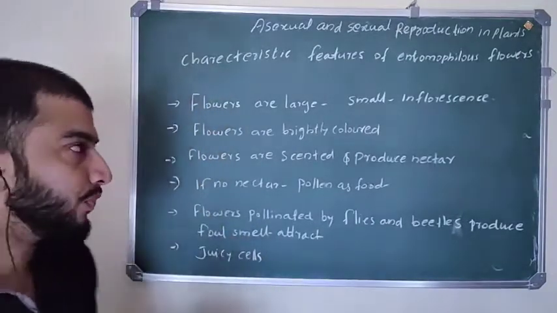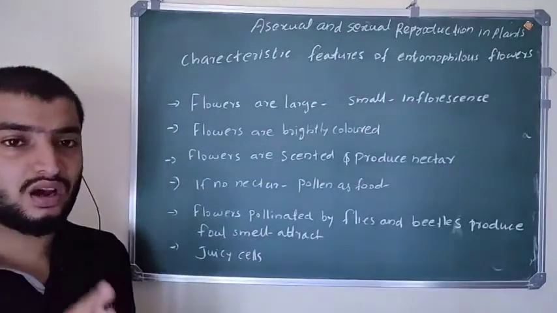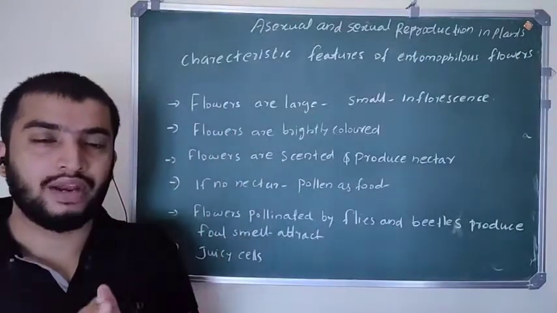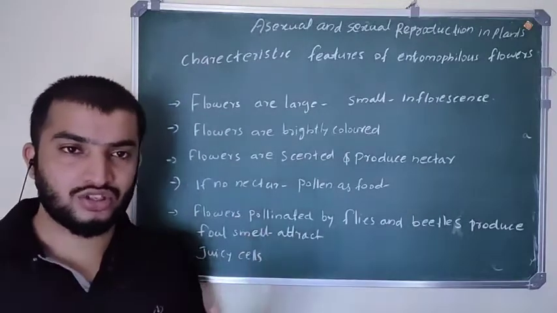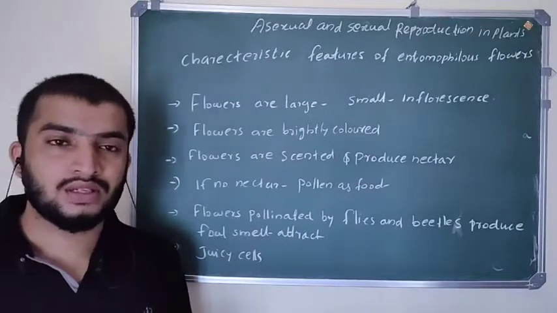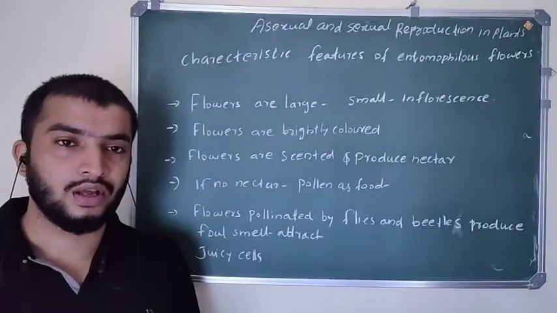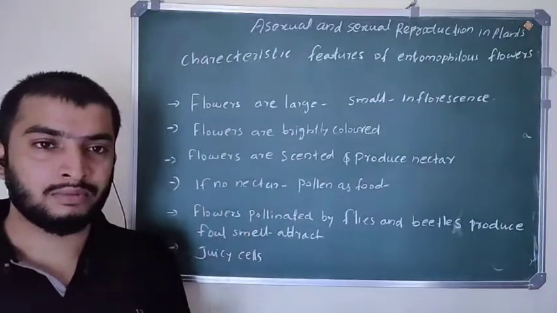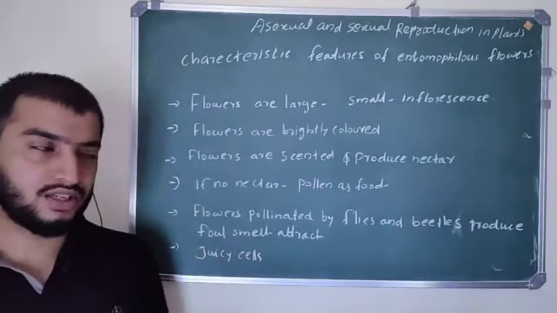Let's discuss. First of all, entomophilous flowers are large, and if they are small, they aggregate to form an inflorescence. For example, sunflower is actually an inflorescence. Asteraceae members have small flowers, and they aggregate to form an inflorescence to attract insects.